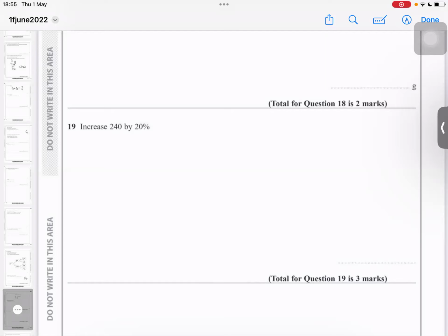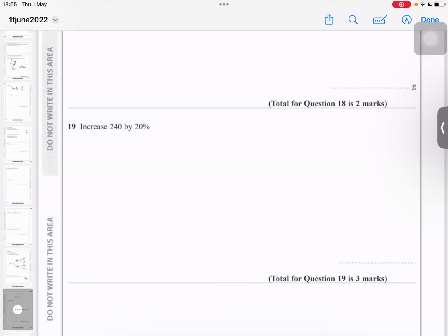So increasing 240 by 20%, you are also increasing the percentage by 20%. That's simply what you are doing. But if you understand the first one better, it's fine. Do you want to do that on the screen? Let's see you do it just for practice.